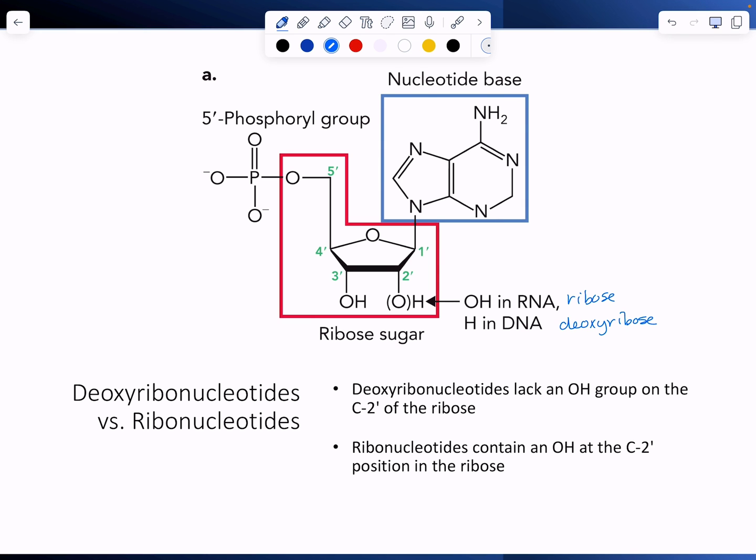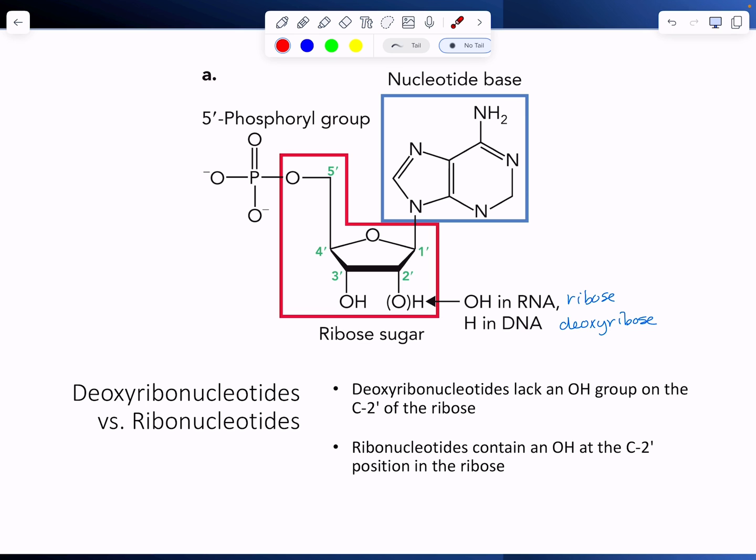And the difference lies in, again, just a hydroxyl group at the 2' position, or the lack of one, and that confers differing chemical stabilities on molecules, which also relate to their function.